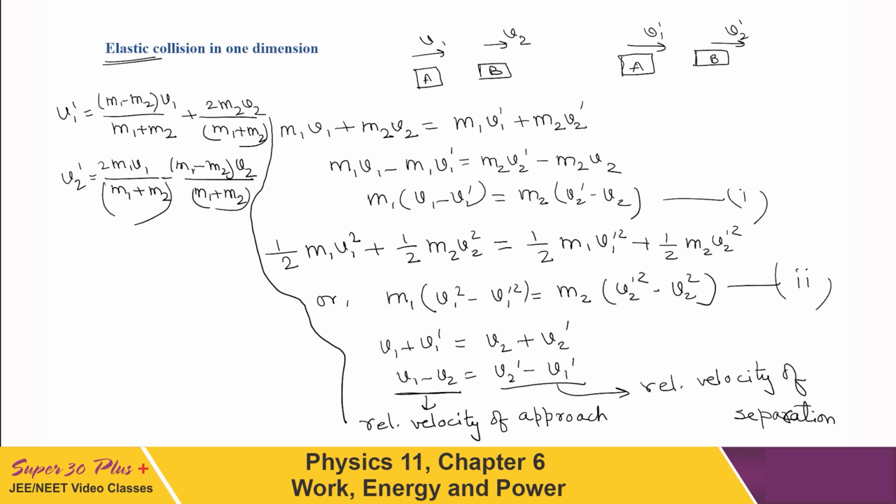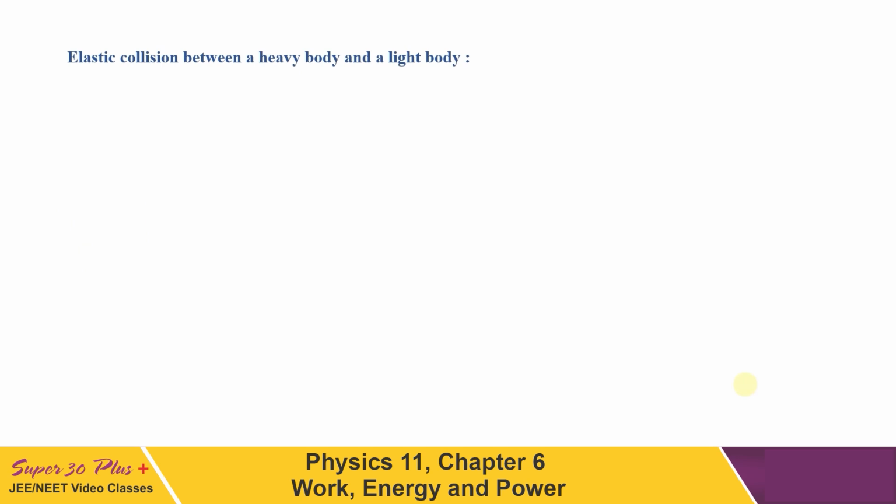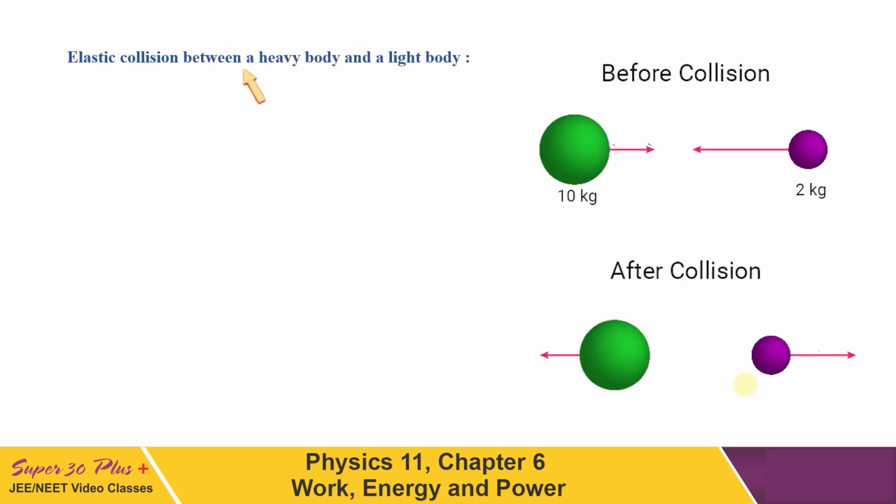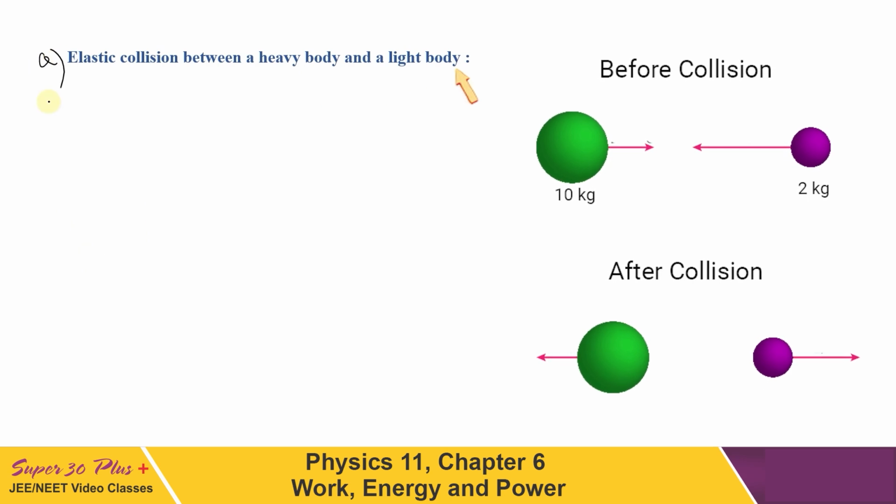Now we can discuss some special cases based on these results. If elastic collision is between a heavy body and a light body, that is the first special case I have considered. So what will these values be then?